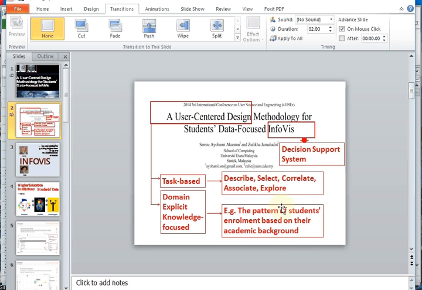So like we have example of domain explicit knowledge here, the pattern of students enrollment based on the academic background. This is just an example. The user might want to know how is enrollment pattern over years.